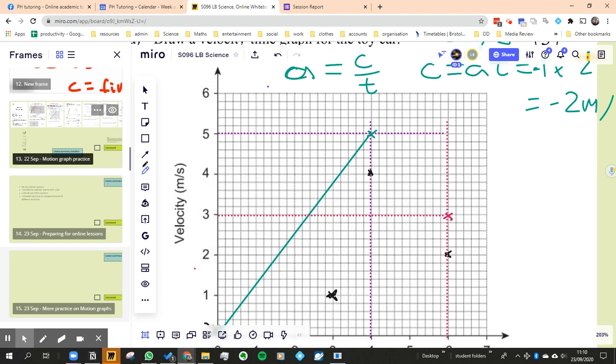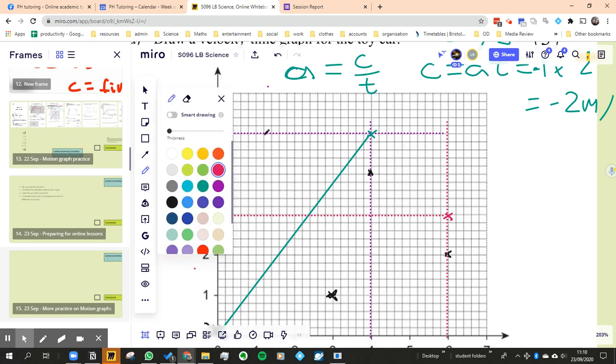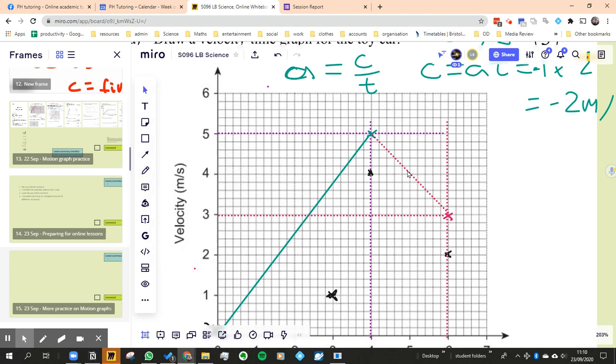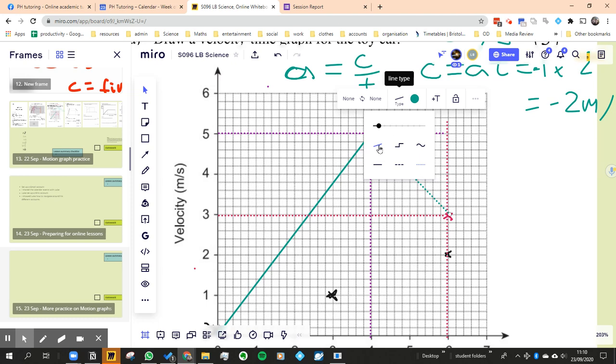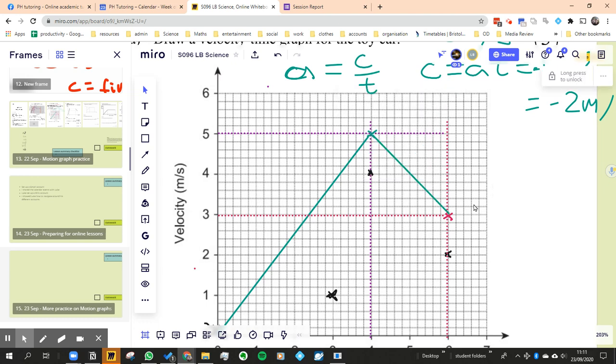Because we know it's going to go down, we draw the line, and we want that to be not a dotted line, and we want it to be green like the other one. So make it solid. So that is the one that we want.